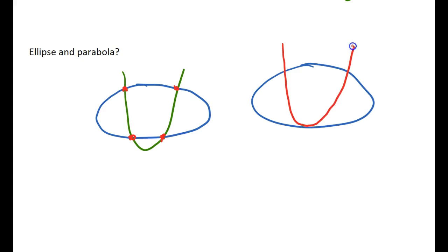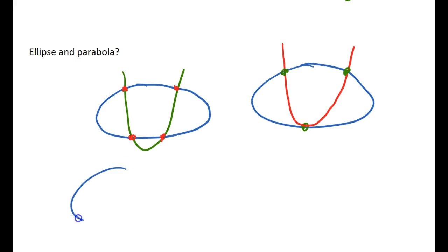Well, I could have the ellipse going like this, and the parabola going like that, and in that case we would have 1, 2, 3, 4. Or I can have the ellipse going like this and the parabola going like this, and in that case we'd have 1, 2, 3.